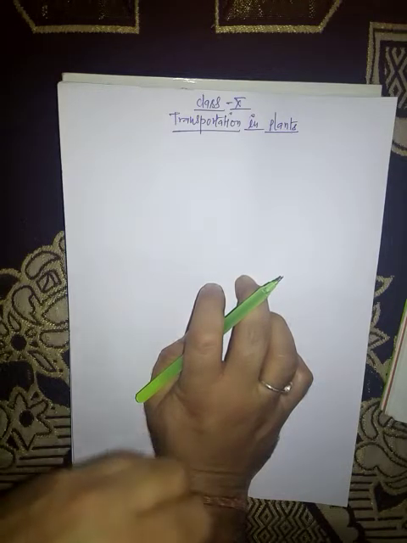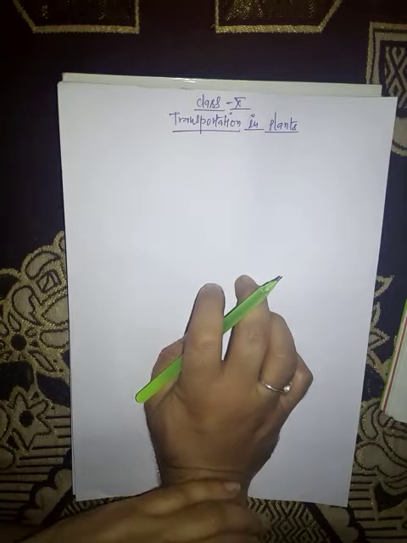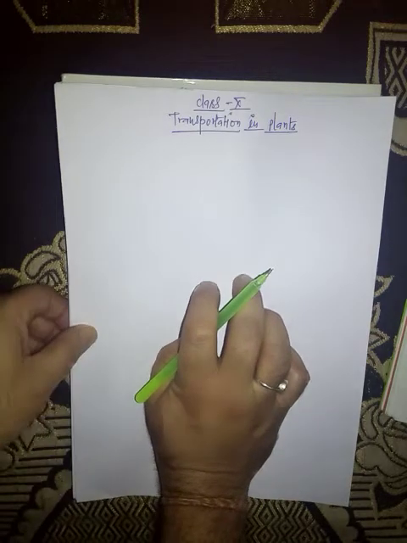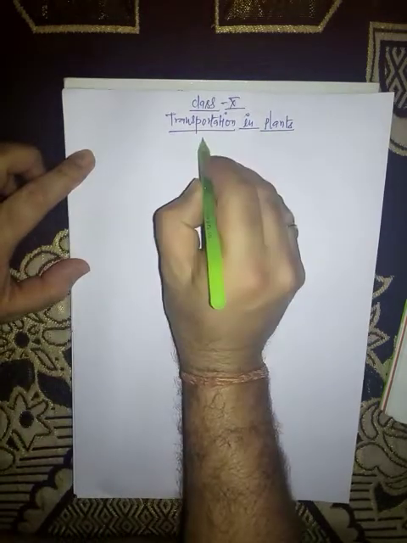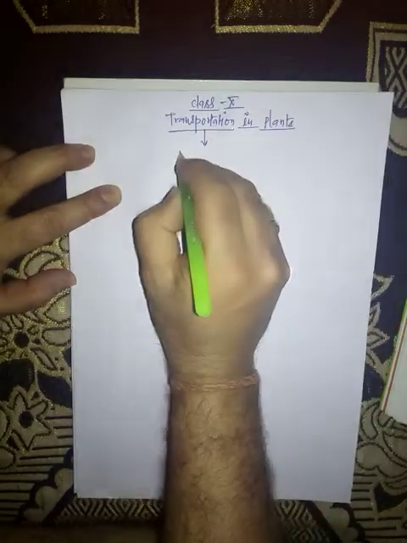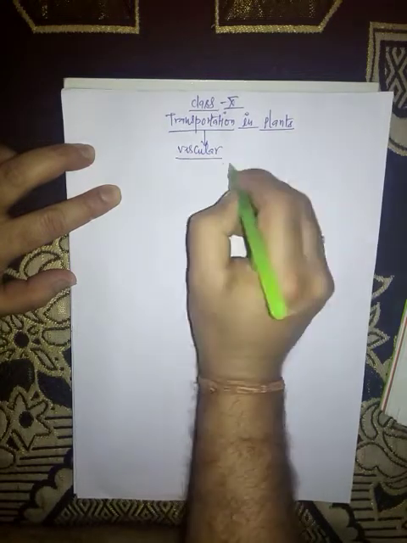So you have watched that the transportation inside the plant takes place by the presence of a special type of tissue. These tissues are collectively called vascular bundle, right? The transportation inside the plant takes place by the presence of one special type of tissue.